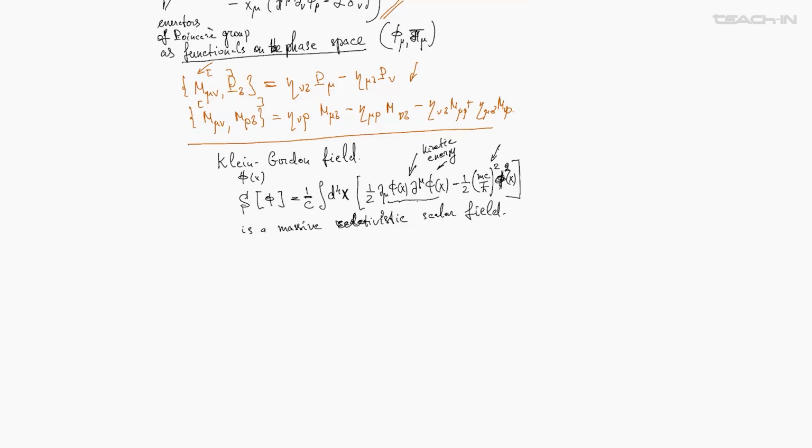In the four-dimensional integration measure, d^4x is understood as dx0, dx1, dx2, dx3, and dx0 is c dt. So this speed of light in front of the action stands to cancel the c in the dx0 element.